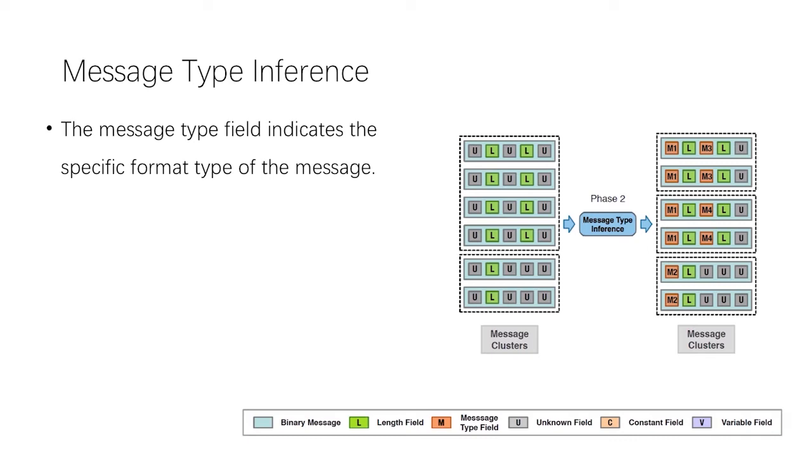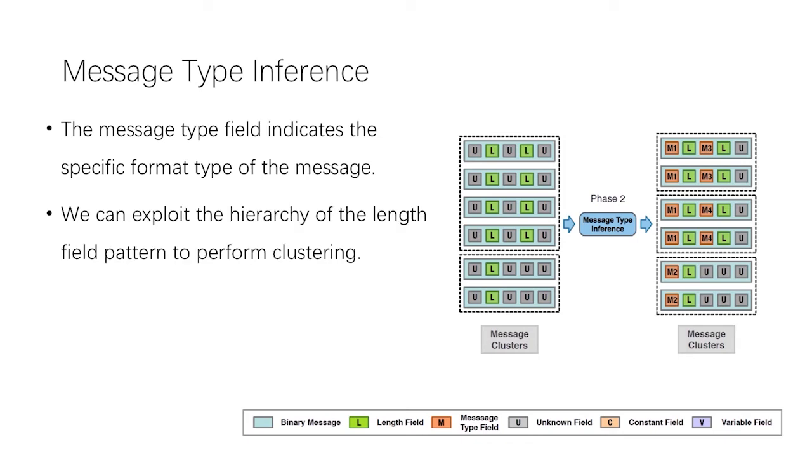Therefore, when we find the message type field in the message, we can further cluster the messages with the same format type. Then, we can exploit the hierarchy of the length field pattern to perform preliminary clustering and make the messages in each cluster share the same length field pattern.